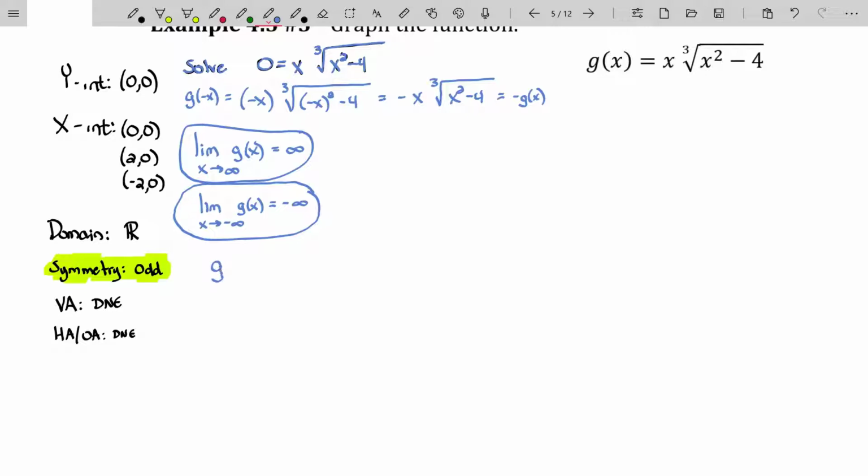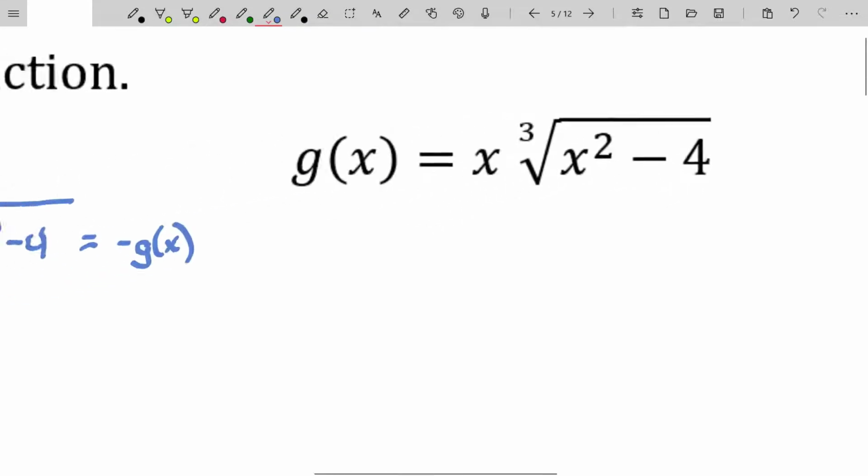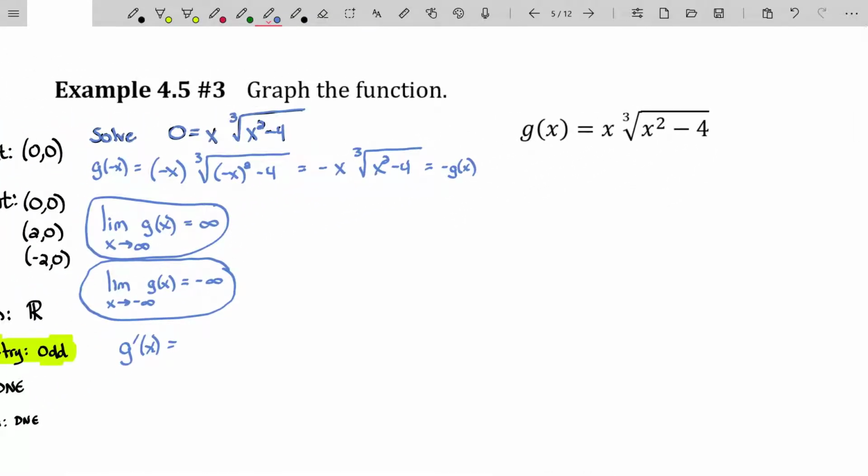So g prime of x is equal to, you could see it's going to be a product rule, which is always a little bit of a daunting issue just because people don't like to do that in graphing. It's just a pain sometimes.